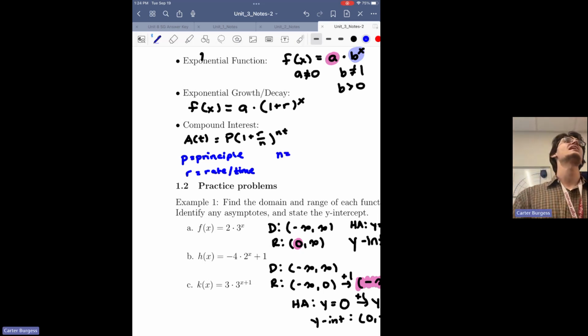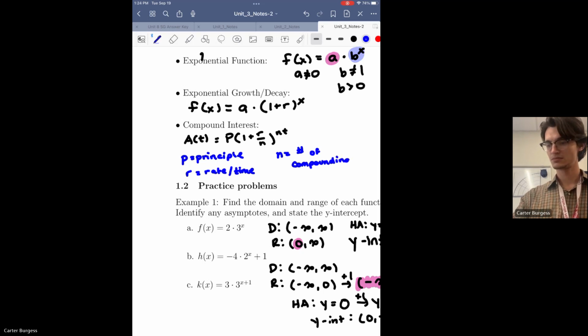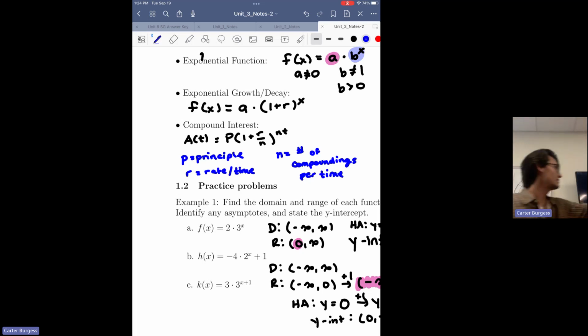n we can think of as the number of compoundings per time. So for instance, in my sea monkey display here, we are looking at taking this 20% and divvying it up 4 times a day.